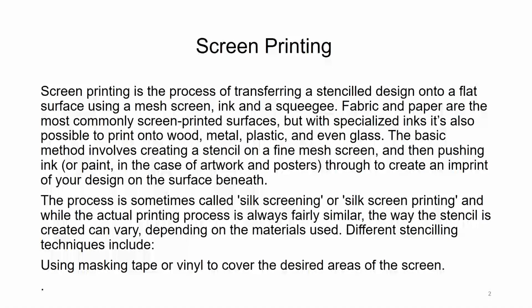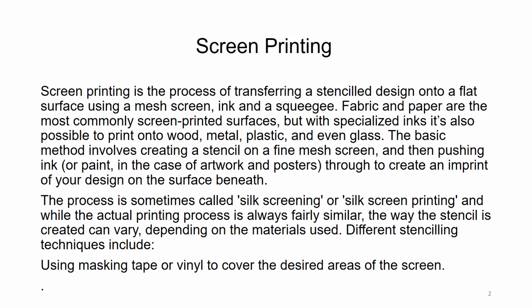Screen printing is a process of transferring a stencil diagram onto a flat surface using a mesh screen, ink and squeegee. Fabric and paper are the most commonly screen printed surfaces, but with specialized ink it is also possible to print onto wood, metal, plastic and even glass.